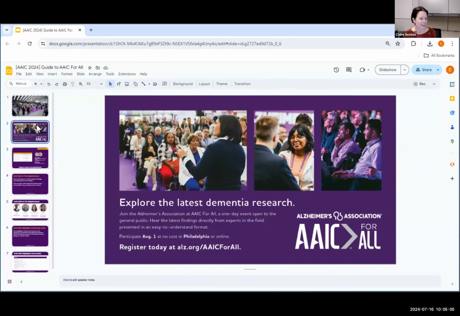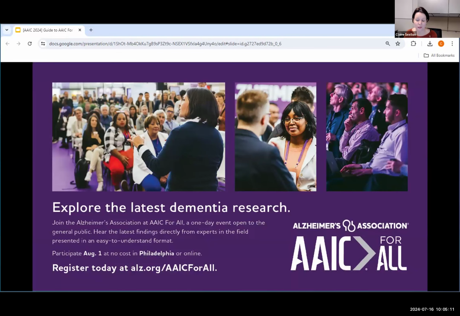So there you go. That was an insight into what AAIC looks like as a whole, and gives you a taste of just how it covers every aspect of dementia science, right from basic science and biomarkers through to drug development, public health, dementia care.